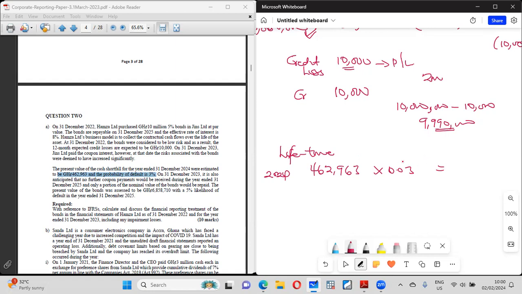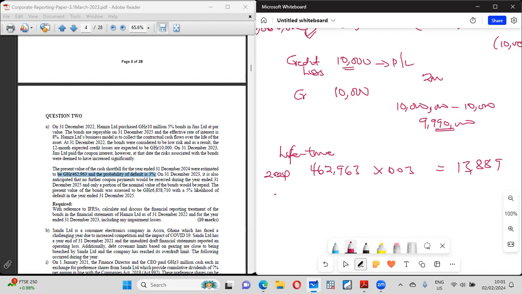So if you do this one, 0.03 multiplied by 462,963. So it means in 2024, I have something like 13,889 rounded. It's 888.89, but I've rounded it. Okay, so that is that.